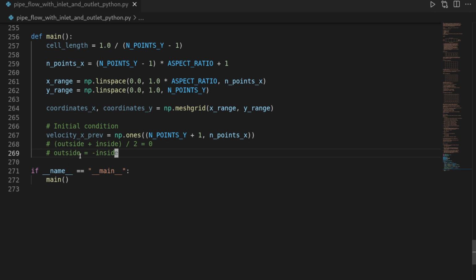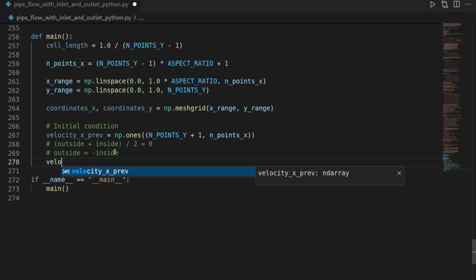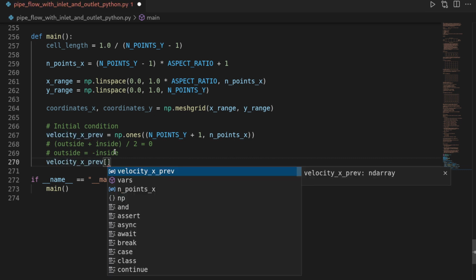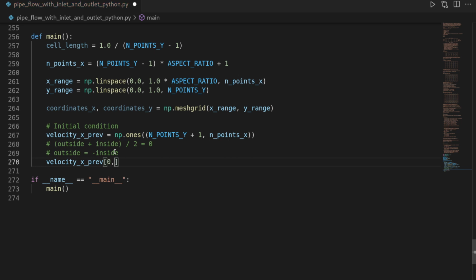So the outside value has to be the negative inside value such that the average value on the edge is going to be 0. So in our case, that means the velocity x previous accessed at y is equal to 0, or the 0th index, and all in x direction. That is the fact that we are using this matrix indexing scheme. So it's a little bit unnatural that we have the x-axis last and the y-axis first, but I think you will get used to that.